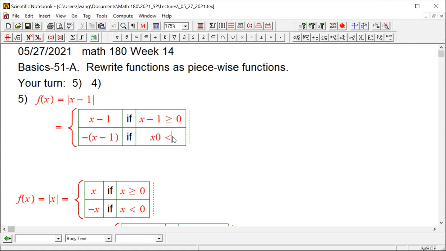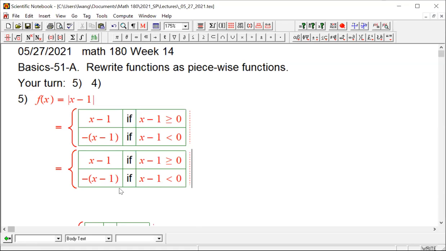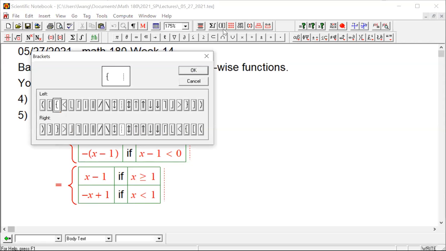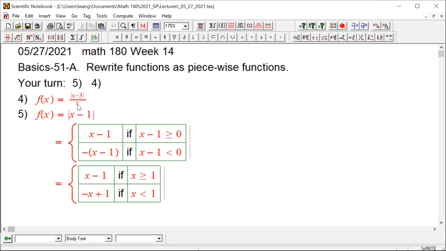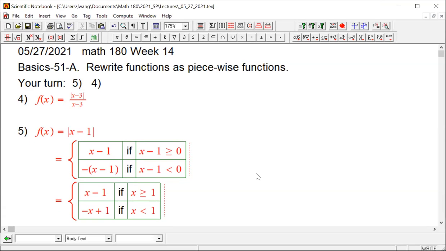Anybody want to take on number 4? Anybody wants to take on number 4?